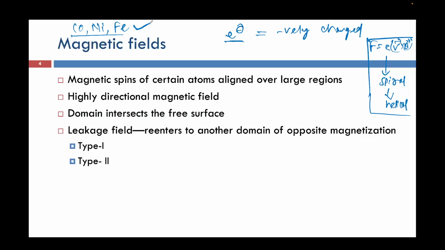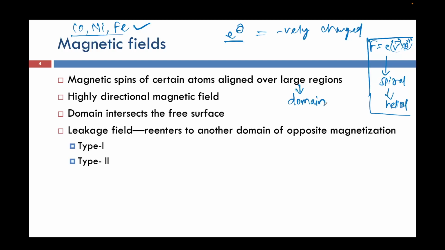To see how much contrast it imparts, we need to study this contrast mechanism. We know that the magnetic spins of certain atoms are aligned over a large region. In magnetic material, this is called a domain.